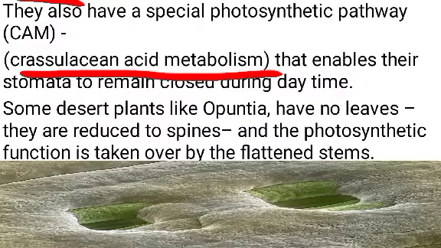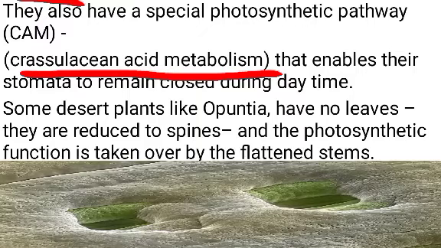So this carbon dioxide combines with phosphoenol pyruvate, and it forms a 4-carbon compound called malate or malic acid. This malic acid is stored in the large central vacuoles present inside the cell until the daytime.